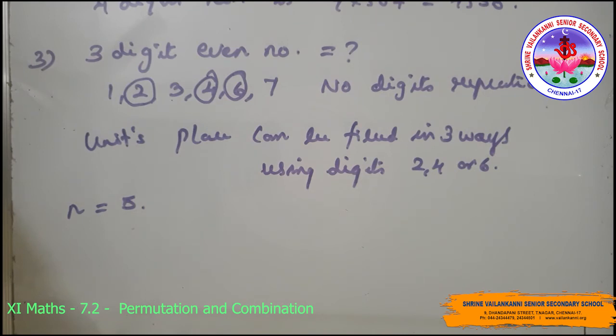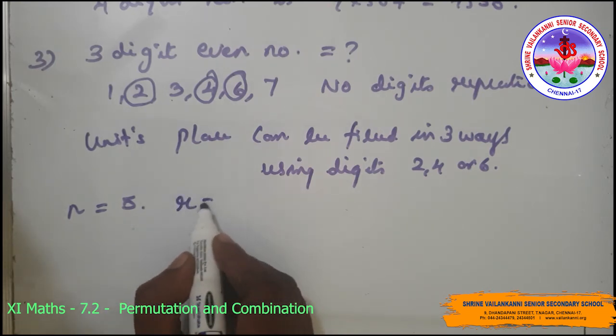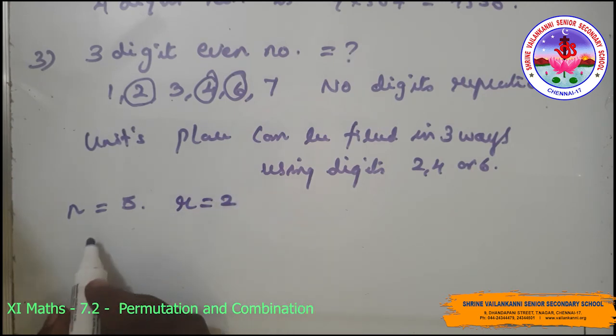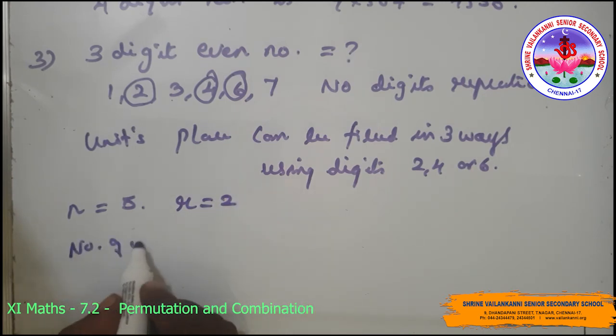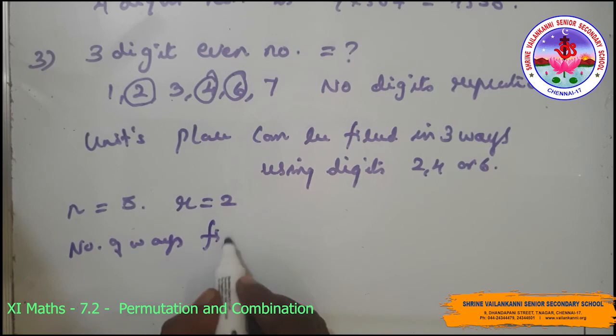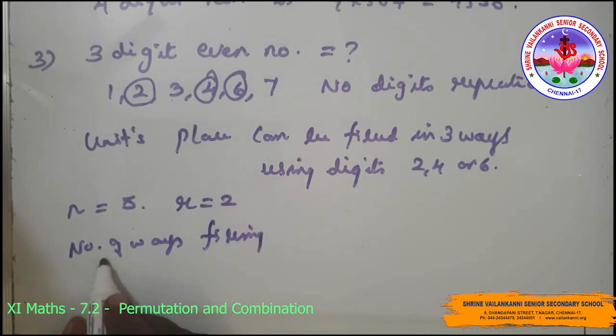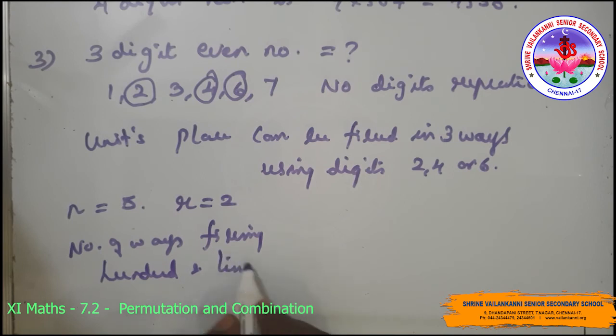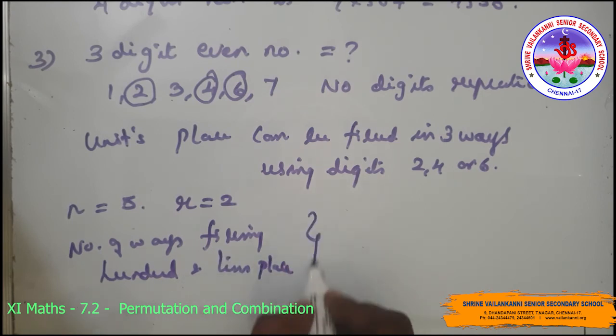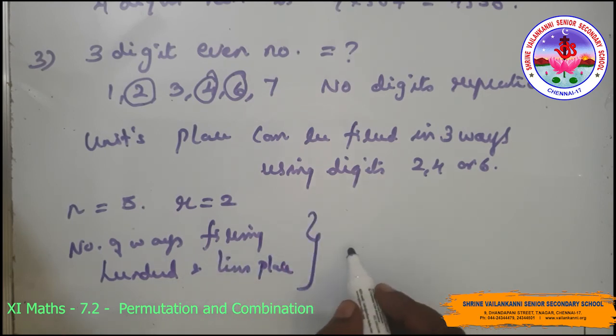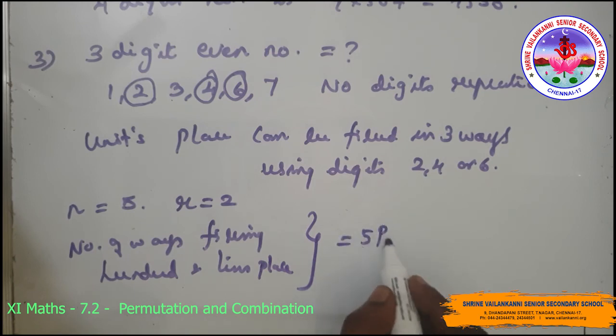Therefore, the number of ways in which hundreds and tens place can be filled with the remaining 5 digits is a permutation of 5 digits taken 2 at a time. So number of ways of filling hundreds and tens place is equal to 5P2.